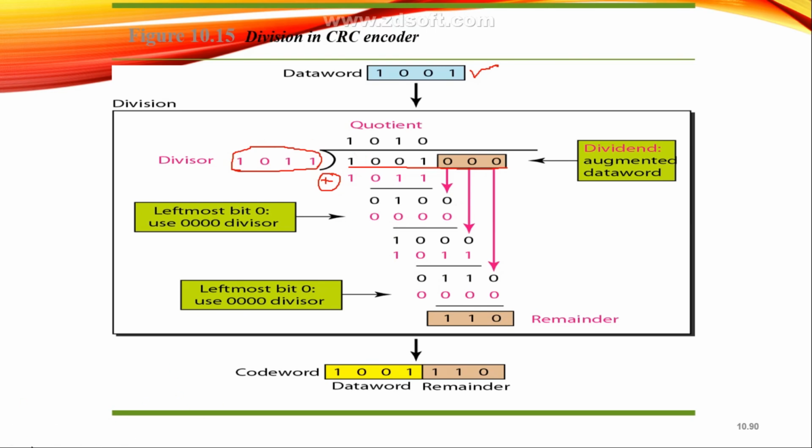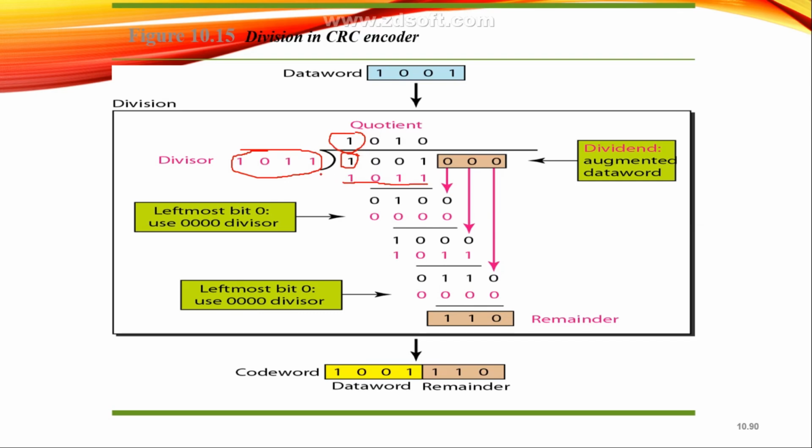Always remember, if the leftmost bit of this dividend is 1, in the step we are going to append this divisor as it is over here, because we are going to multiply this divisor by 1. So you can see, it would become 1011.